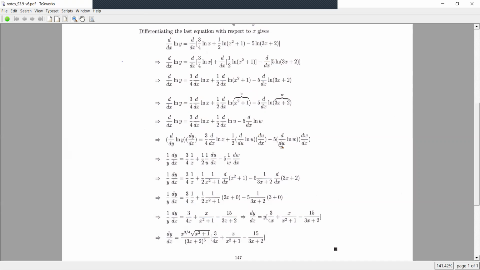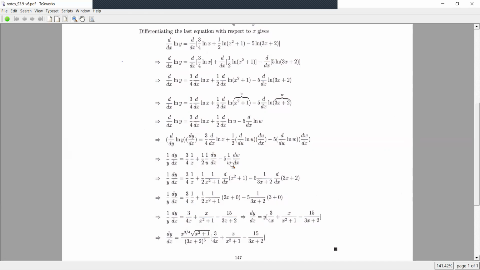Write this as the product of these two derivatives. Now, the derivative of natural log of y with respect to y is 1 over y. The derivative of natural log of x with respect to x is 1 over x. And this is 1 over u, 1 over u. This is 1 over w, 1 over w.